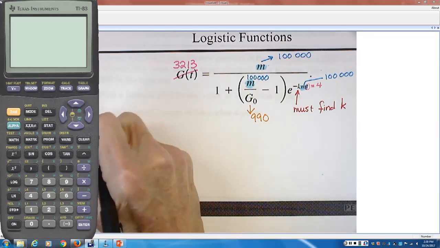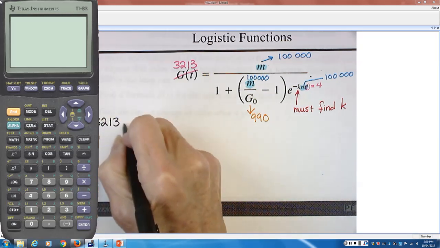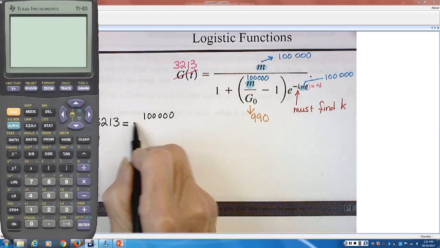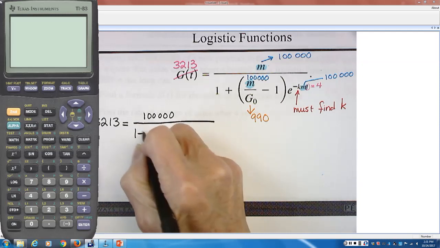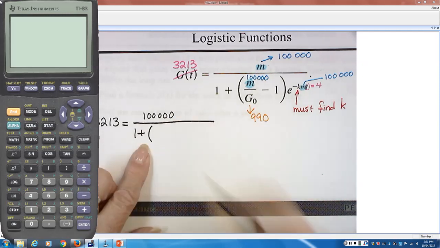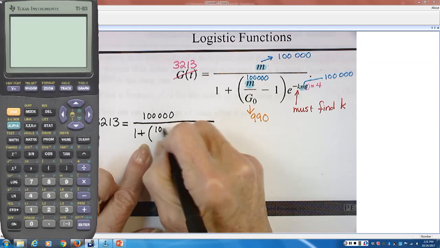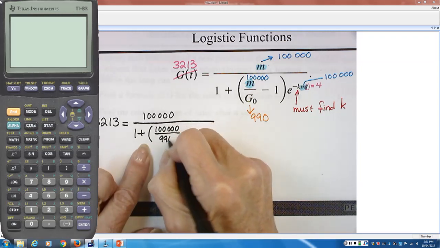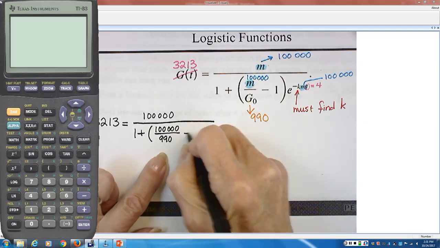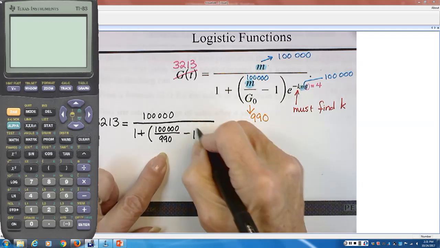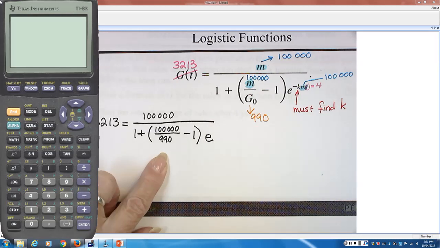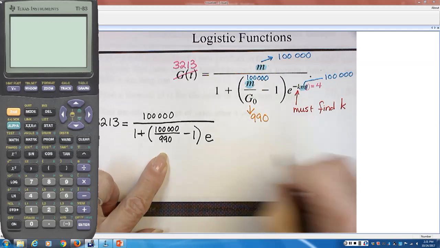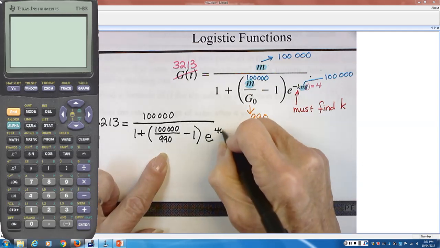We know that 3,213 is equal to 100,000 divided by 1 plus the quantity, 100,000 over 990, minus 1 times e to the 4 times 100,000 is 400,000.